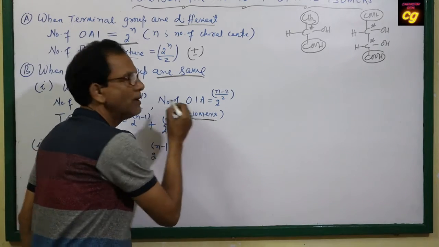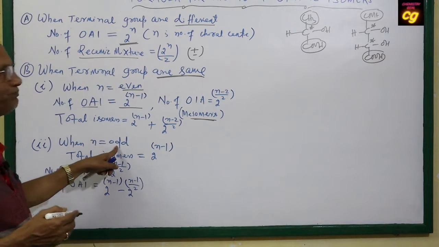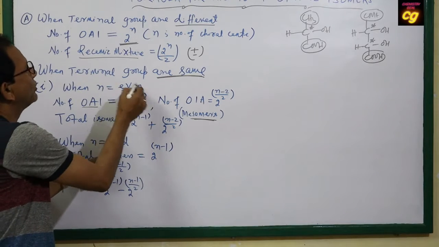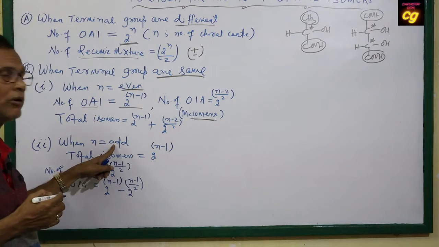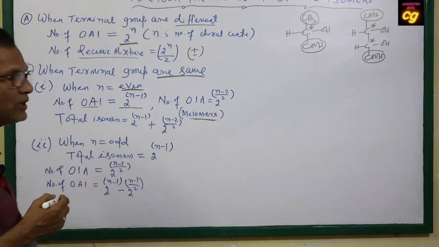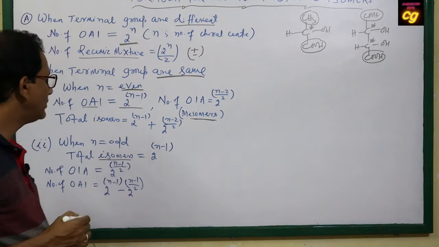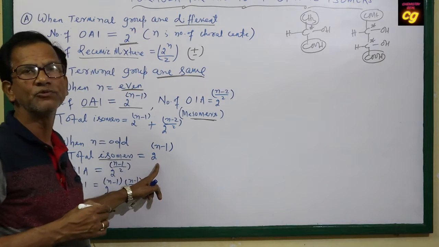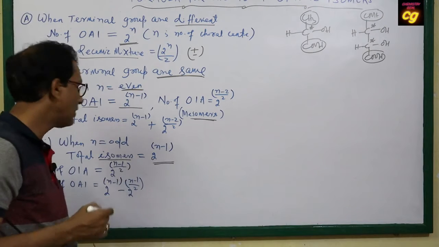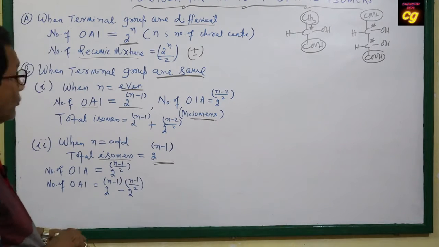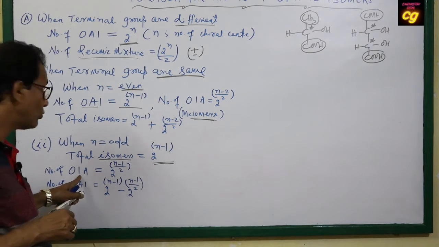Then when n is odd, the formula for total isomers will be 2 to the power n minus 1. Then how many optically inactive isomers?